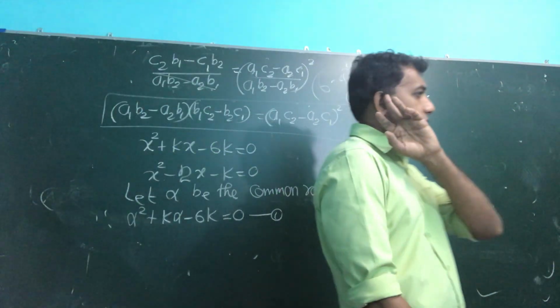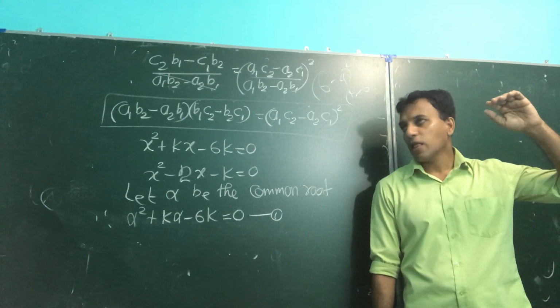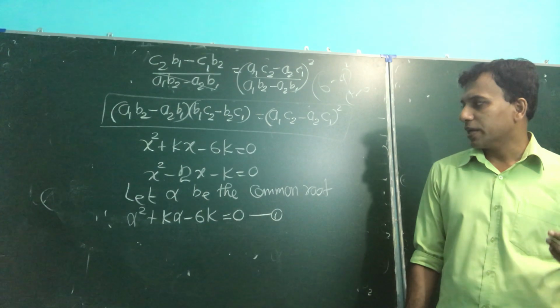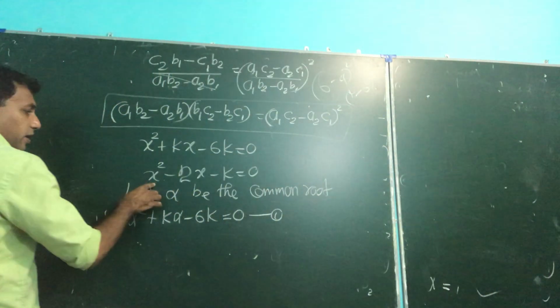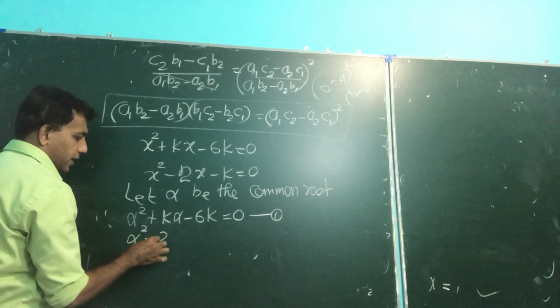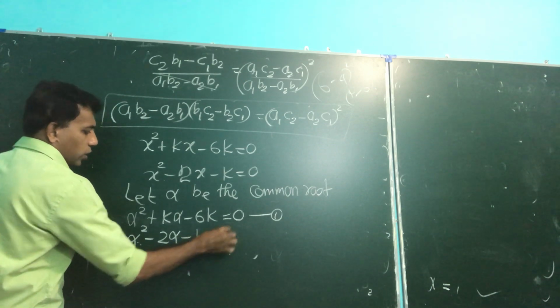So how I showed in the theory, the same I am applying in the problem. Other one also, put x for alpha: alpha square minus 2 alpha minus k equal to 0.